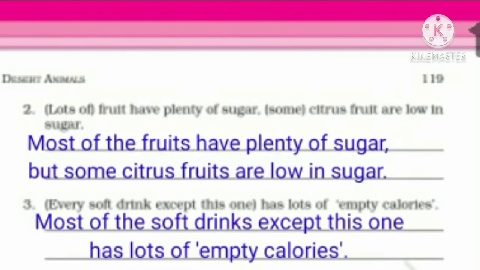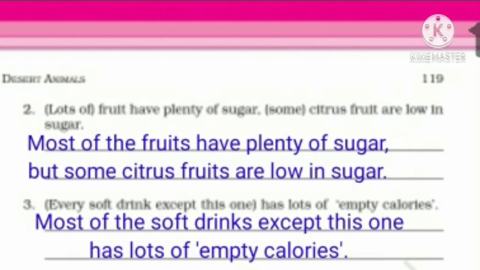Your second sentence is lots of fruits have plenty of sugar. Some citrus fruit are low in sugar. So, we need to write most of the fruits have plenty of sugar, but some citrus fruits are low in sugar.